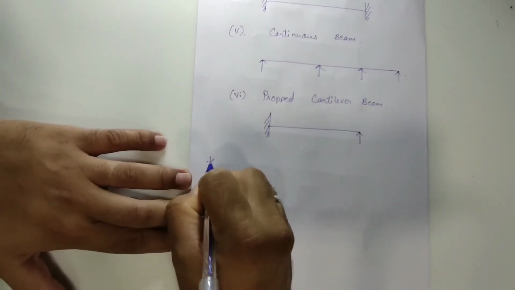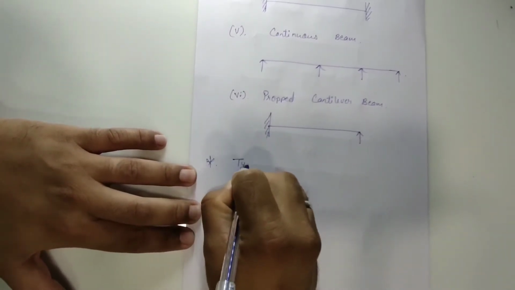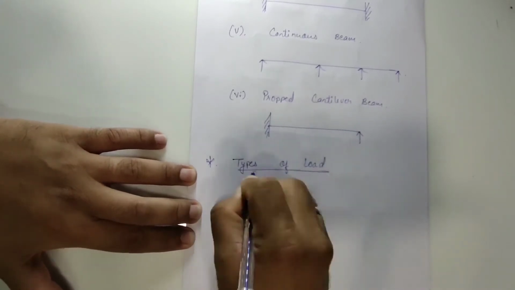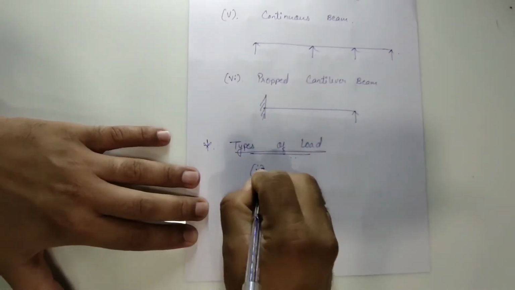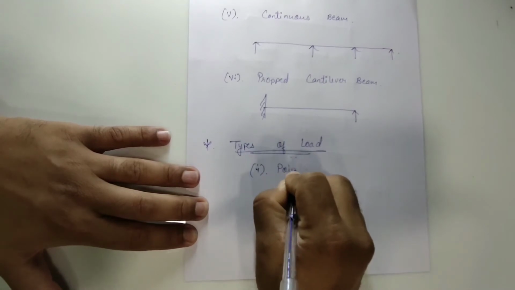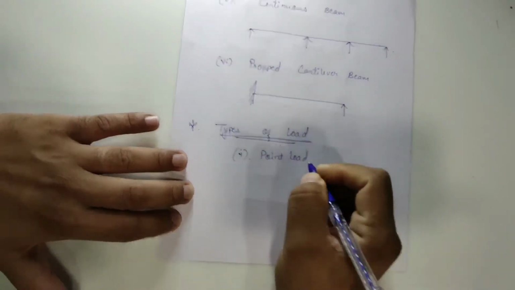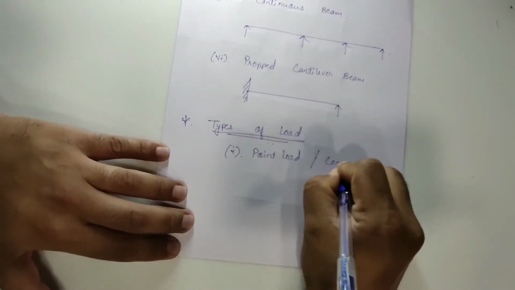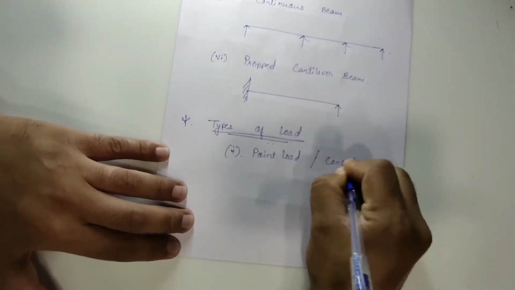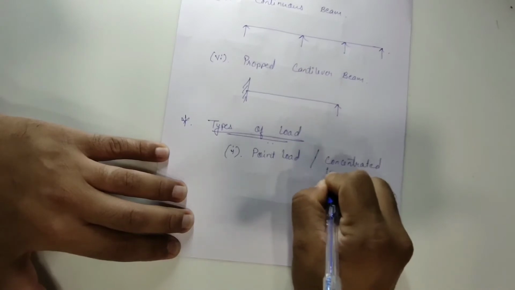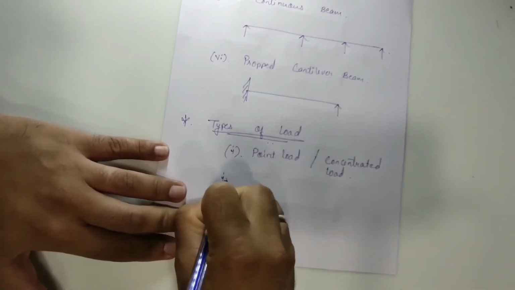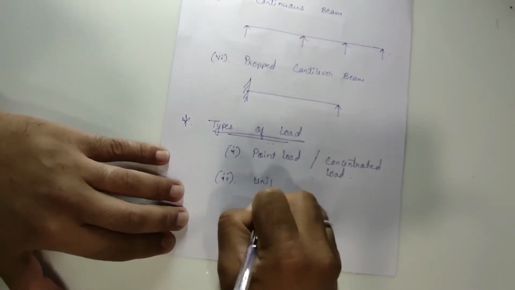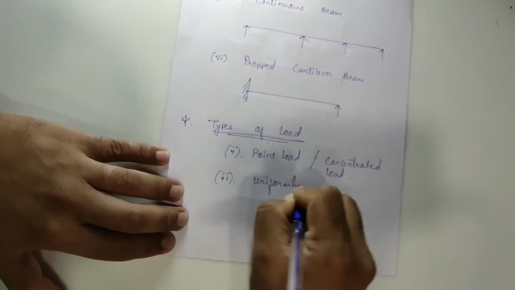Now next I am going to start types of load. So there are three types of loads. First one is point load, or we can call it concentrated load. Then second one is uniformly distributed load.